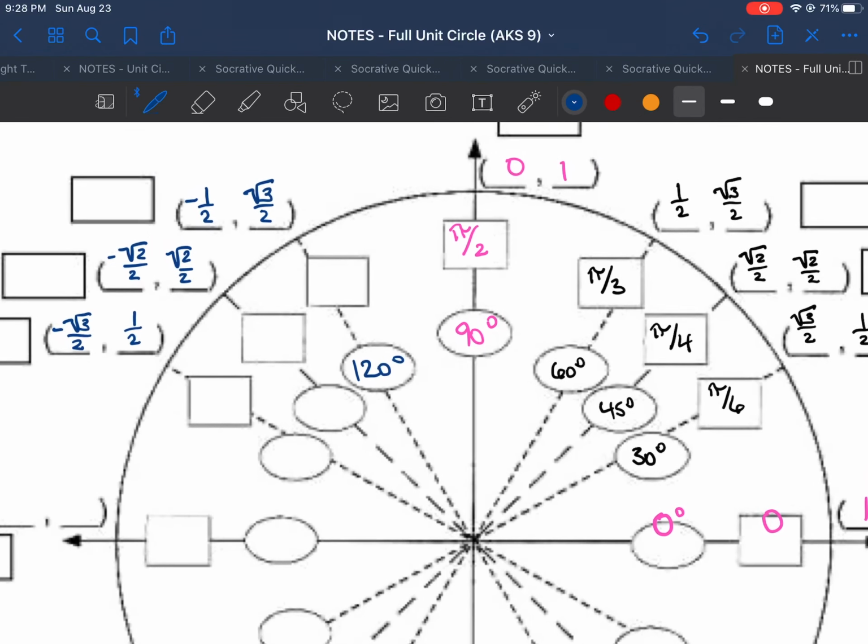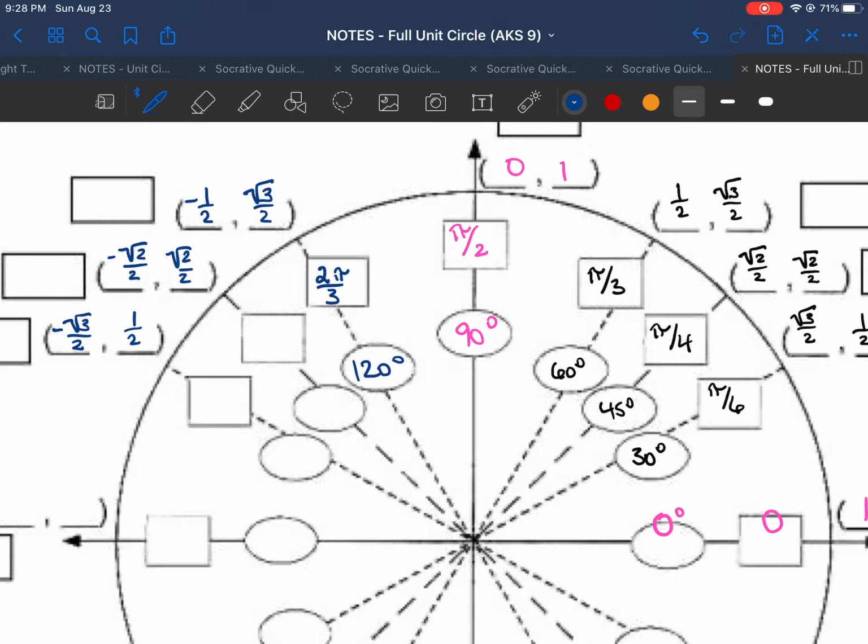And if pi over 2 was 3 pi over 6, well then 120 degrees would be 4 pi over 6. But if we think about reducing 4 pi over 6, that would be 2 pi over 3. So 120 degrees would be 2 pi over 3 radians. So we'll put 2 pi over 3 radians right there.